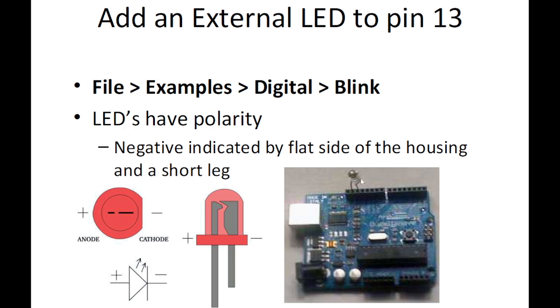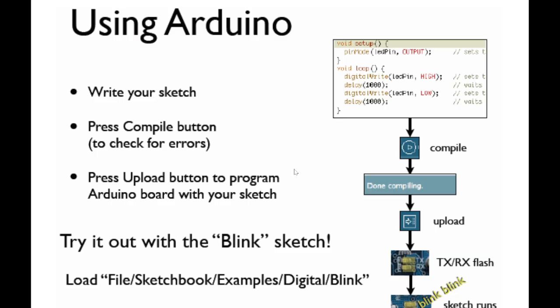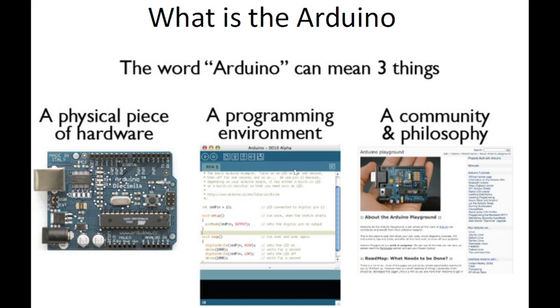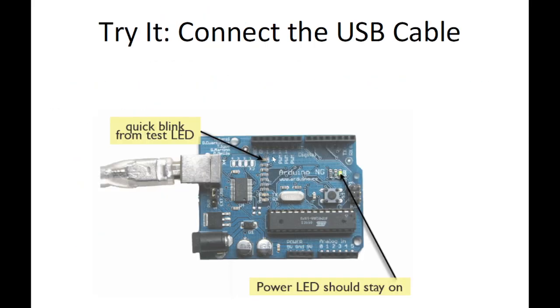Okay, but for the example we discussed, as you can see here, the anode is connected to pin 13. This is the anode, and the cathode side is connected to the ground. Let me go back: this is the ground pin, and this is pin 13.